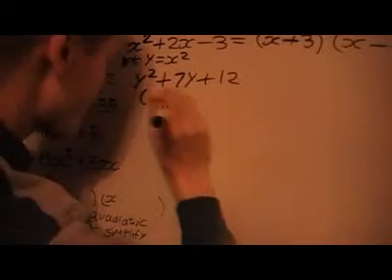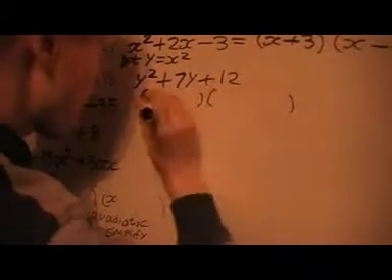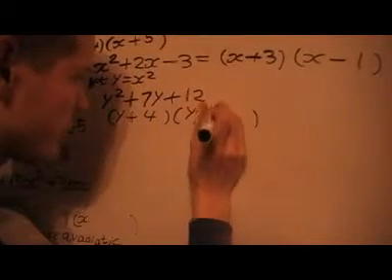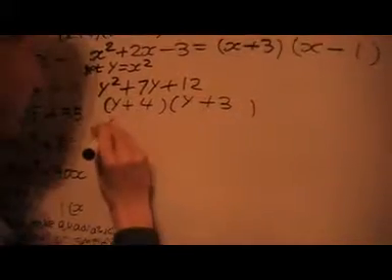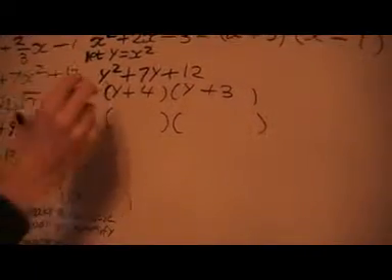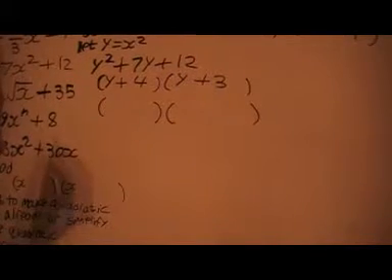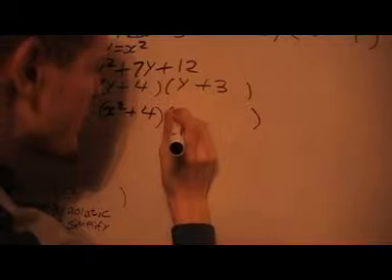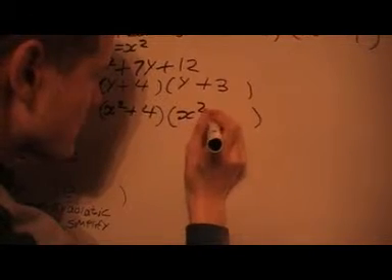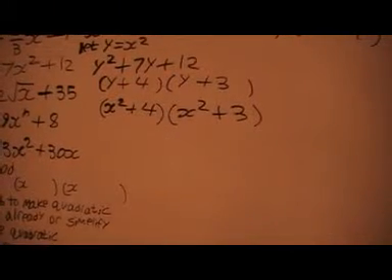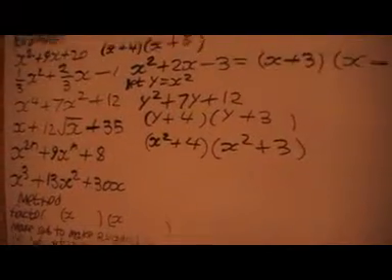And then we can factorise that. And we're going to get y plus 4 and y plus 3. And then when we substitute back for what y is, which means everywhere we see y, we just put back the x squared. So we're going to have x squared plus 4, x squared plus 3. And that's going to be the answer.